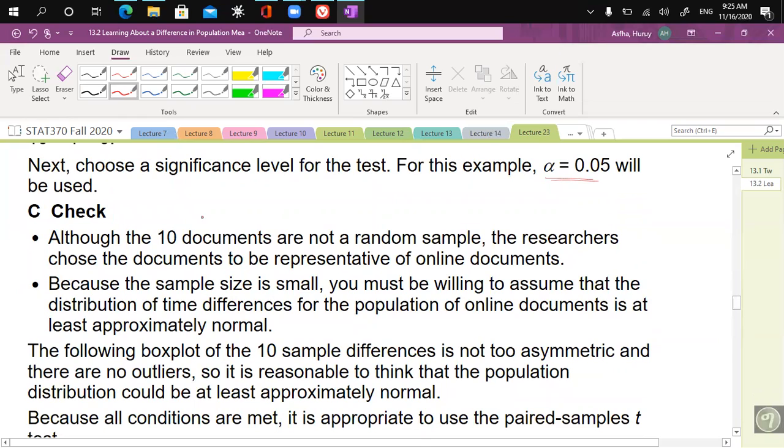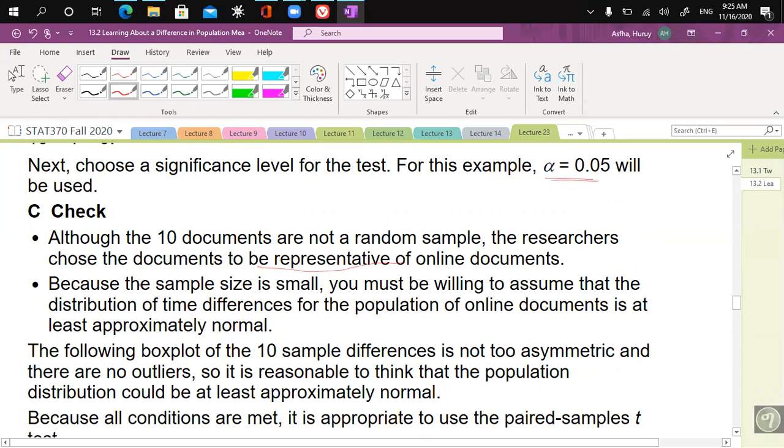Then we need to check the conditions. Although the 10 documents are not a random sample, the researchers chose the documents to be representative. So if they are representative, then it's good to assume this is a representative sample.